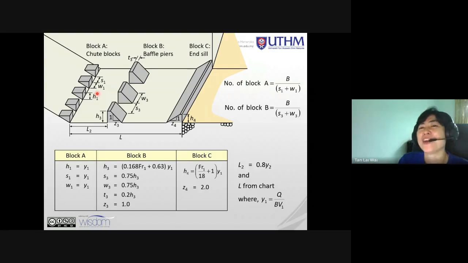As a designer, if you don't want to write H1 equals Y1, S1 equals Y1 separately, you can write H1 equals S1 equals W1 equals Y1. Then we will know that H1 is Y1, S1 is Y1, and so on. Make sure you write it out.